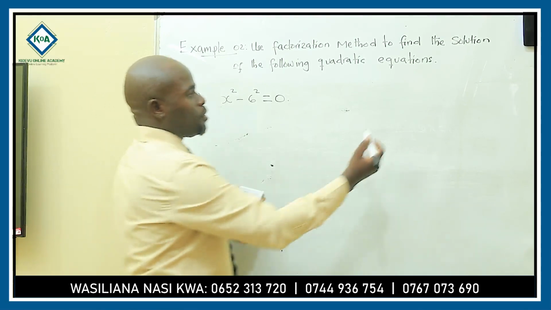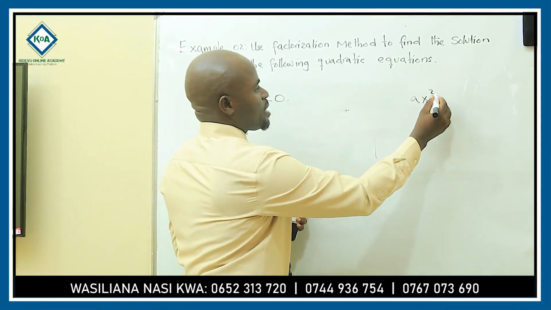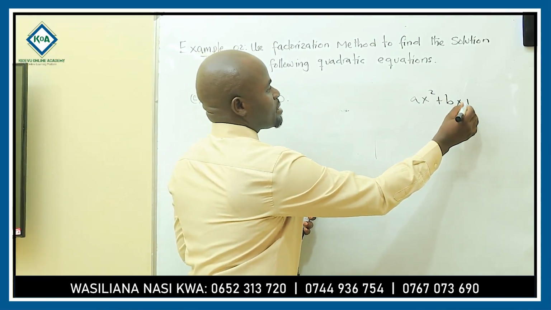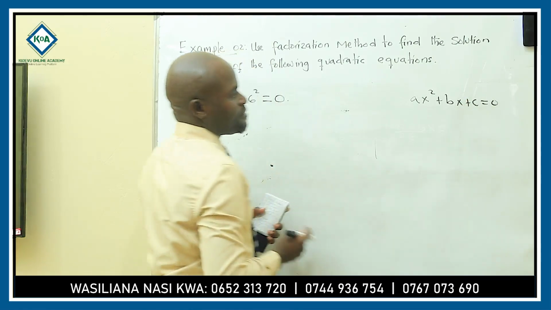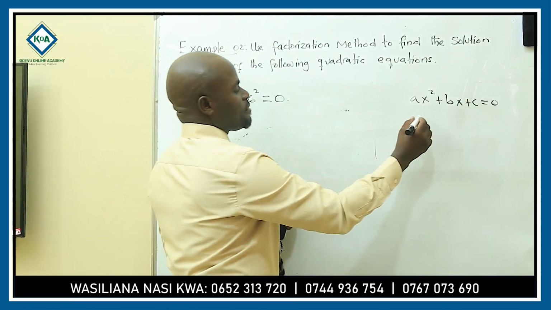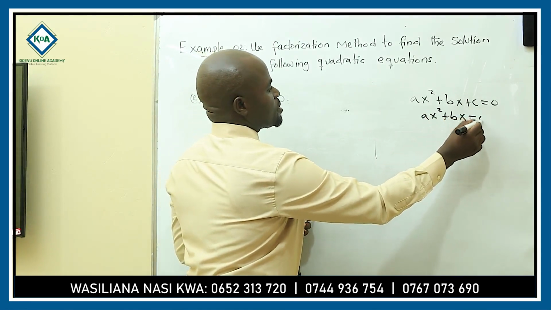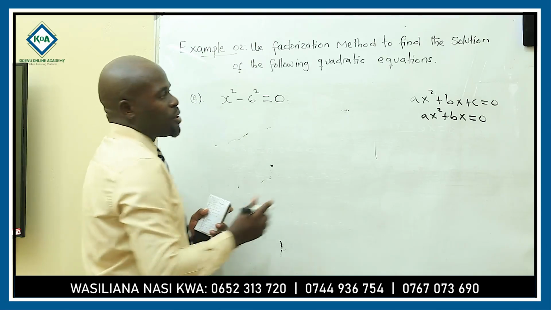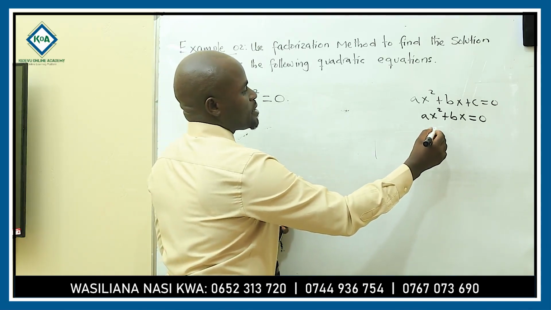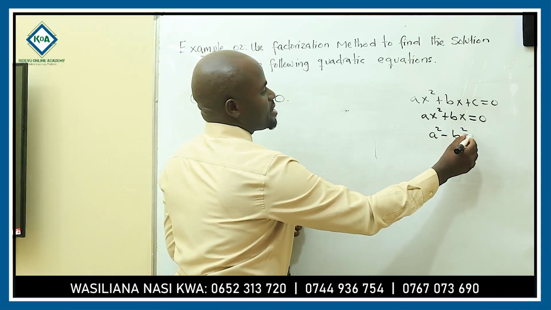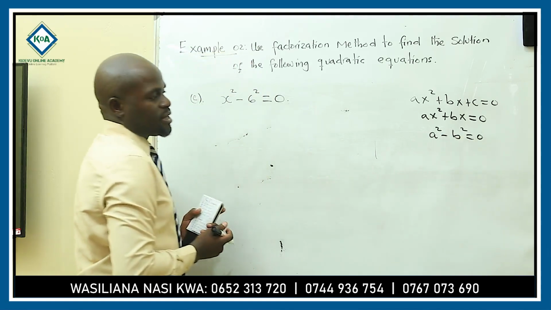We have these forms. We have ax squared plus bx plus c is equal to 0, the first form. We have ax squared plus bx is equal to 0, the second form. We have a squared minus b squared is equal to 0, this third form.